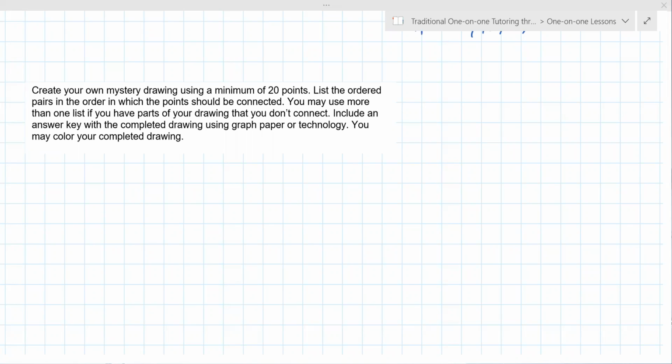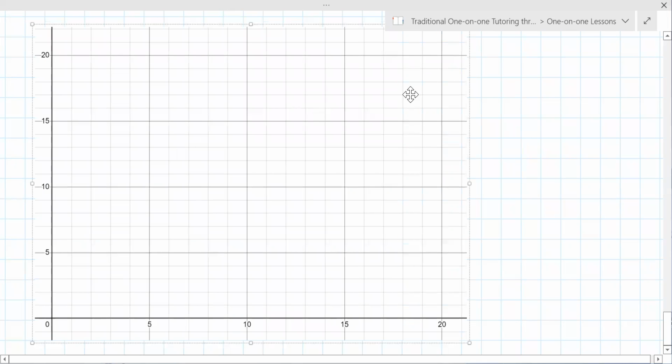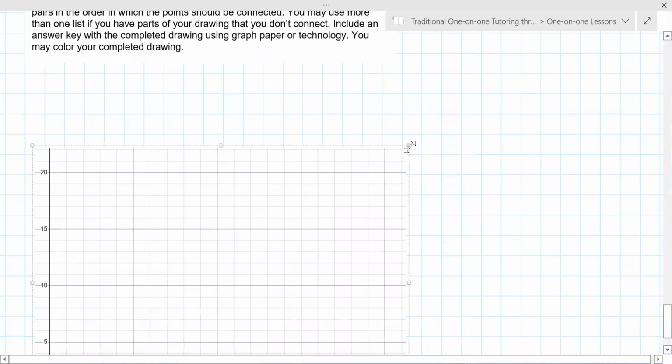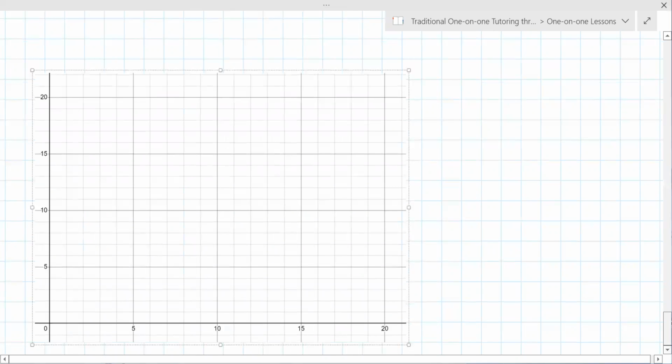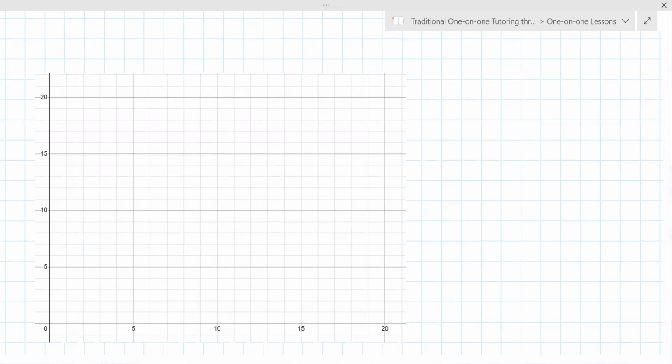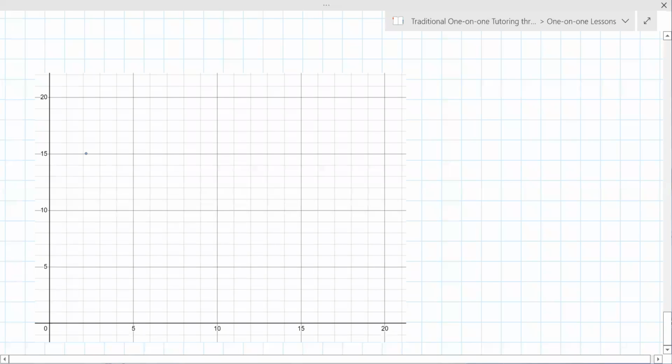And what I have in mind here is that you have to make a drawing in this. You have to somehow come up with something meaningful, and I would not make it too complicated. Like, for example, you could make, because they also have to all connect together.